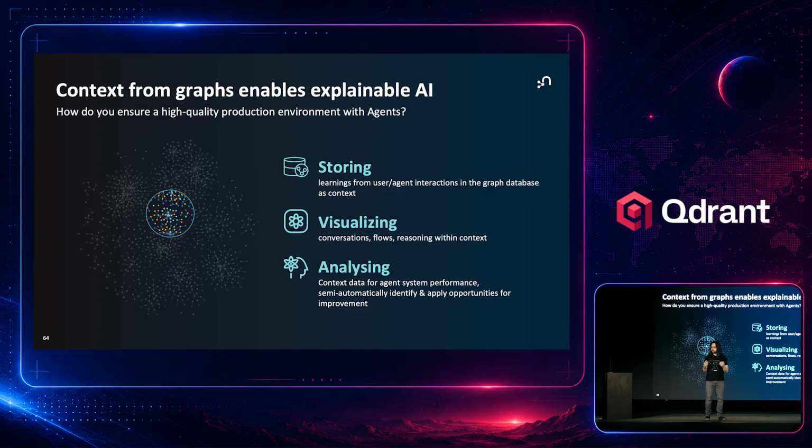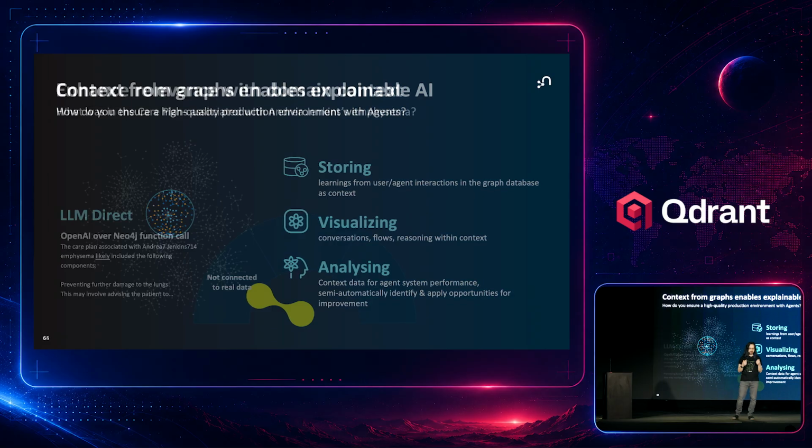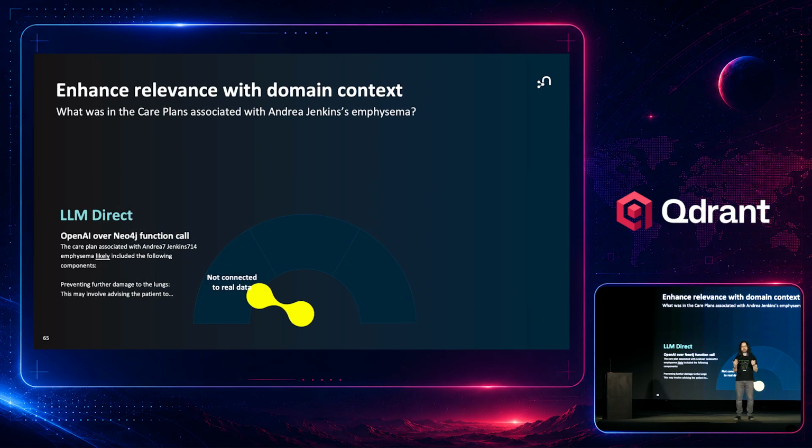This allows you to store the information, to visualize it, actually to explain in a visual way to your customers, to folks who are using your system, and then also to better analyze the information that's coming from the graph to answer more difficult questions like, here's an example of a healthcare question.